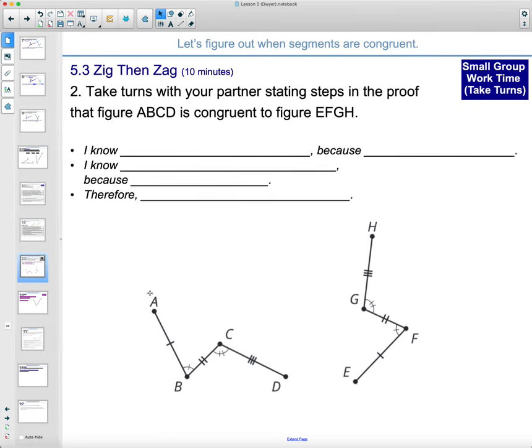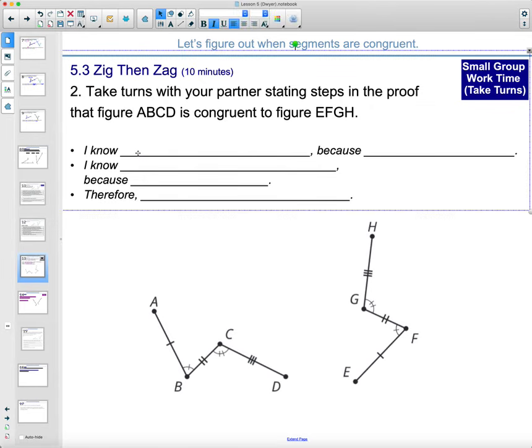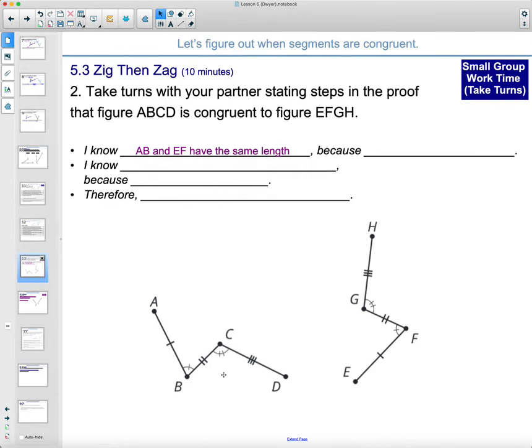So first things first, you're trying to get a congruent segment, an equal length segment, onto another one. So for instance, I know that AB and EF are the same length because they're congruent. So what does it mean when they're congruent? What's the big deal? Then I know that there's a rigid motion that will take AB over to EF, because that's what congruent means.